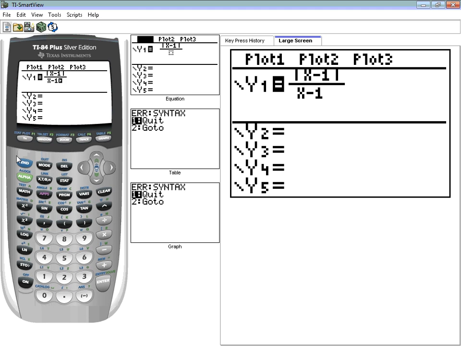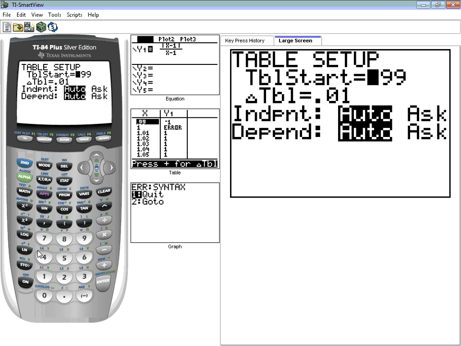Okay, so I want you guys to try to finish your chart from here. Go to your table set, think about where you want to start, which is 1, and then what you want to change by so you can fill in your chart.